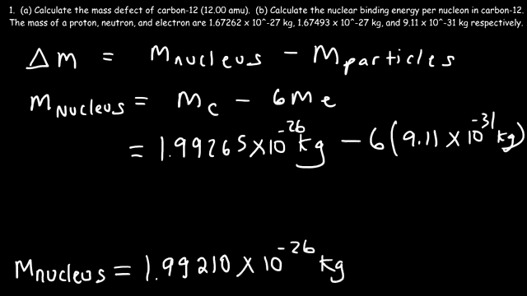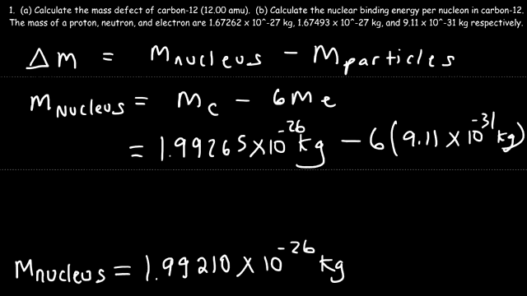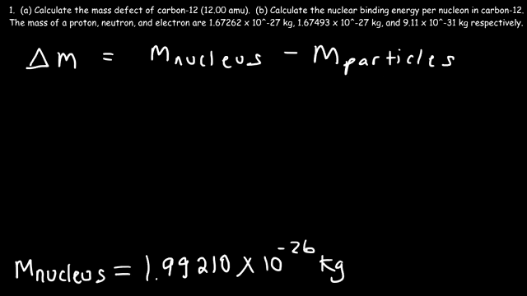Notice that the mass of the electron is relatively insignificant. If you look at the difference between these two numbers, they're almost the same: 1.99265 versus 1.99210. So if you decide to neglect this value, your answer shouldn't change too much, but if you want to get the exact answer, subtract the mass of the carbon atom by the number of electrons present.